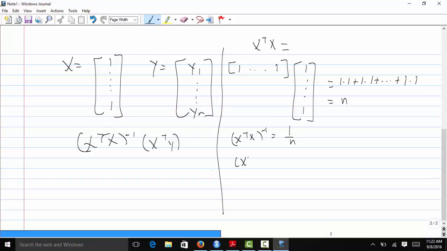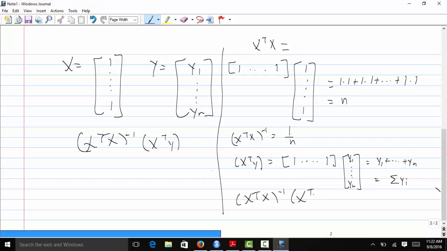And then X transpose y is going to be that row vector of 1s multiplied by that column vector of the responses. And so we're going to just get y1 plus y2 all the way up to yn, or in other words, the sum of all the y's, which means that X transpose X inverse X transpose y is just going to be 1 over n times the sum of the y's, which is y bar.